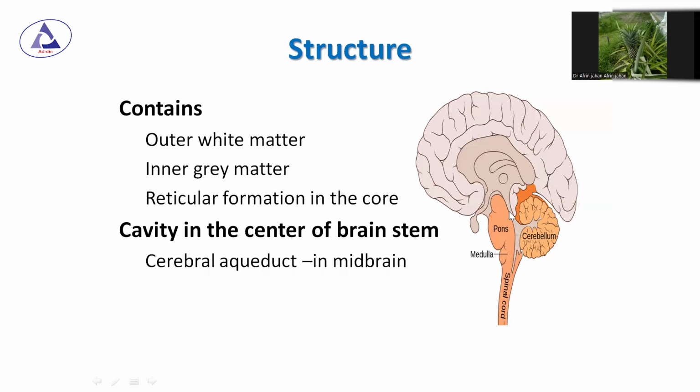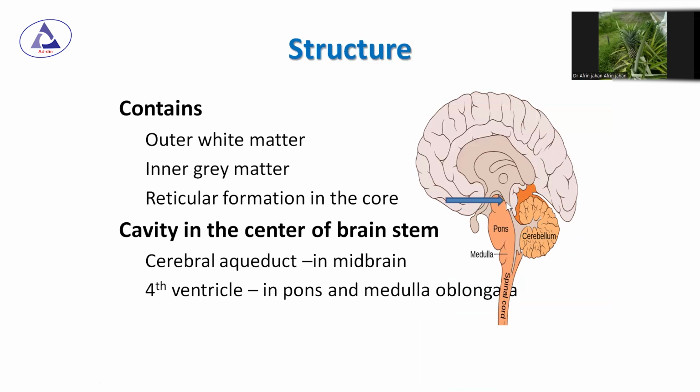Through this cerebral aqueduct, CSF passes from third ventricle to the fourth ventricle. Here third ventricle is located and here fourth ventricle is located. That fourth ventricle is located in pons and medulla oblongata. This is cerebral aqueduct. This is fourth ventricle.